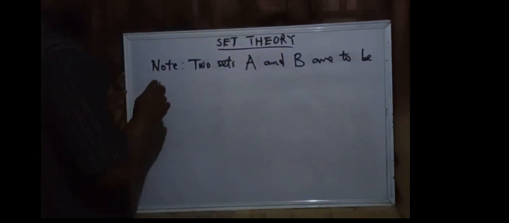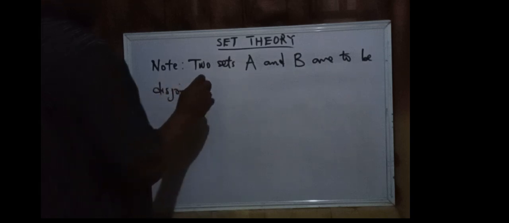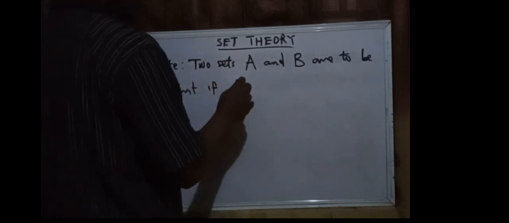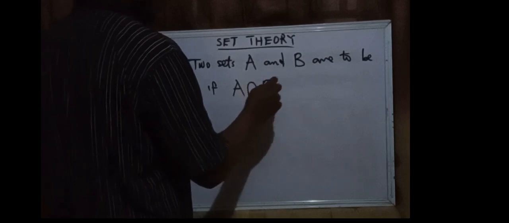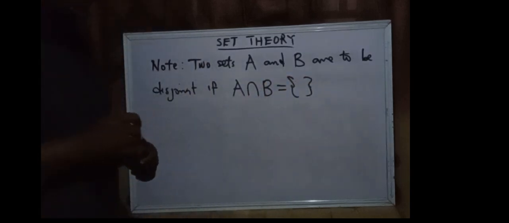Two sets A and B are said to be disjoint if A intersection B is equal to the empty set.